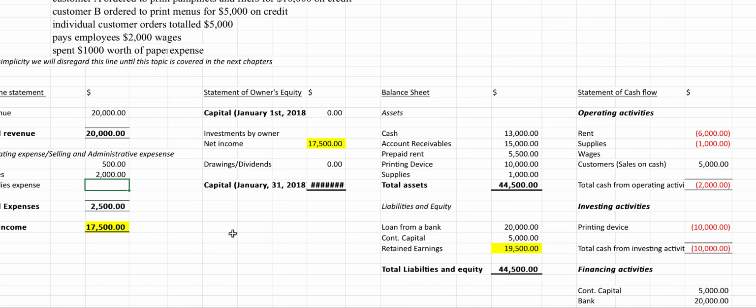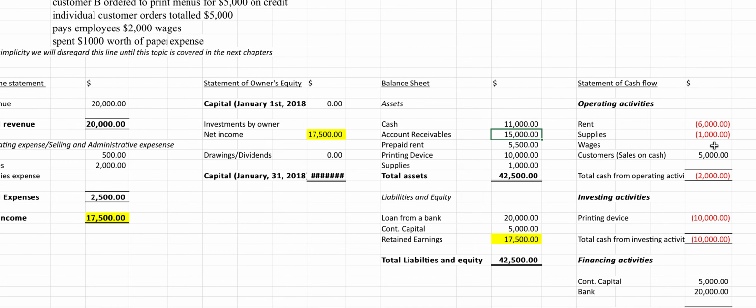The higher the expense, the lower the equity, so retained earnings will decrease by 2,000. And since we've paid it, we're going to have a decrease in cash as well. Because cash is involved, we immediately also input the change in the cash flow, and that's going to be an outflow from operating activities, specifically payment of wages.